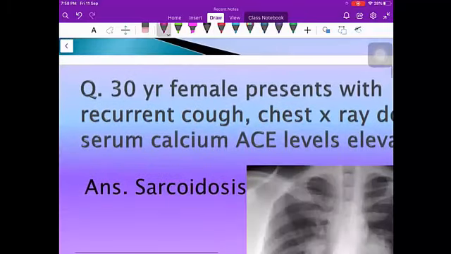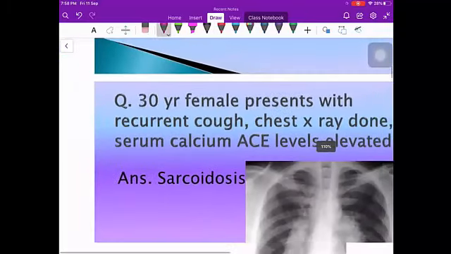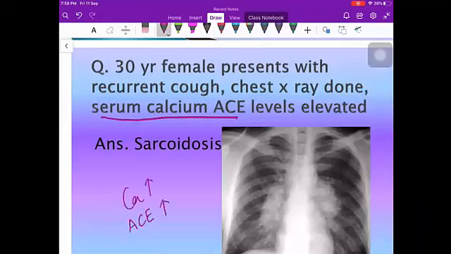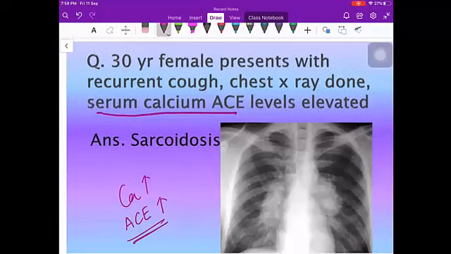Next was a question. A 30-year-old female presented with recurrent cough, chest pain, there may be a history of weight loss, and a chest X-ray was done. On blood investigations, serum calcium levels were elevated and ACE, angiotensin converting enzyme levels were elevated.